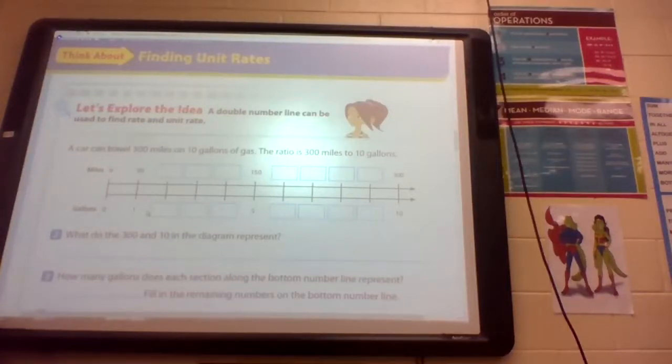All right, question 2. What do the 300 and the 10 in the diagram represent?